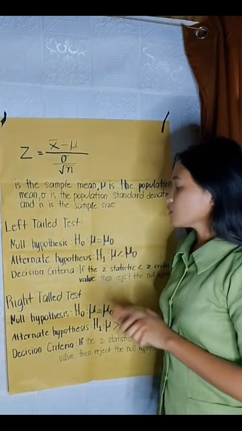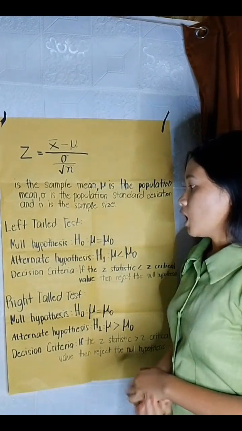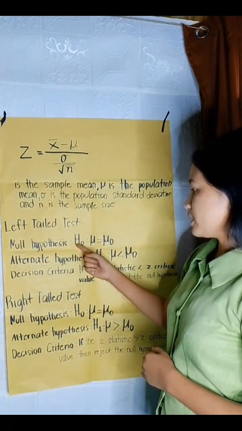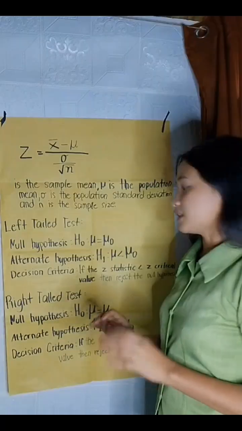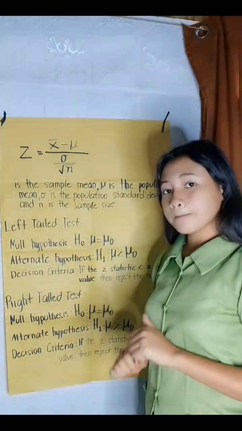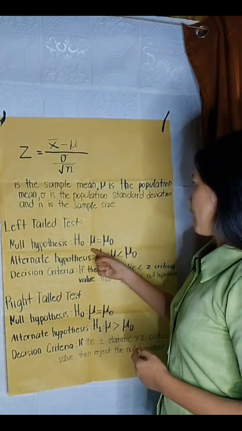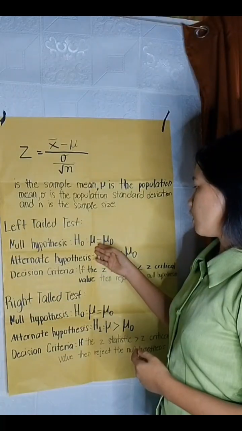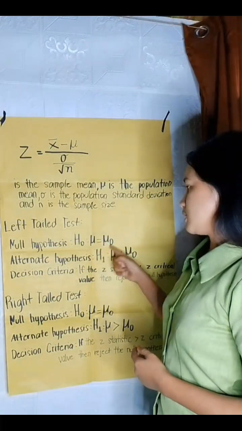Now, the left-tailed test. The null hypothesis means there is no significant difference, and the population mean equals the population mean 0.